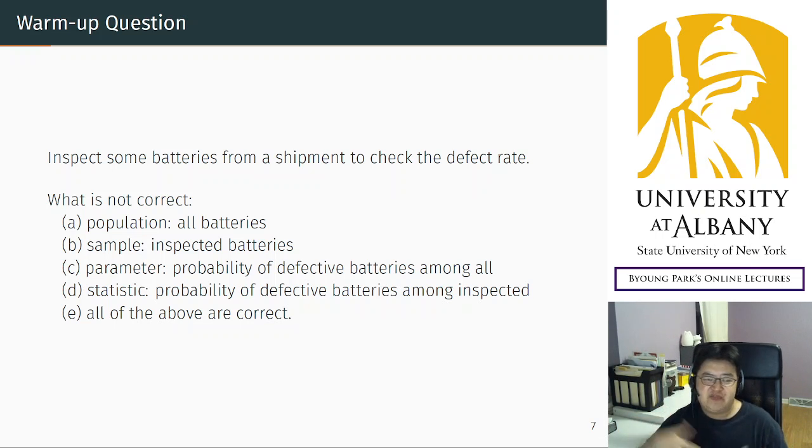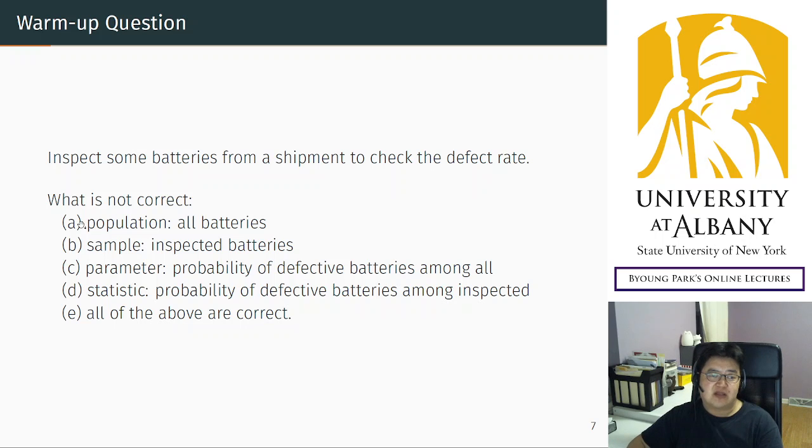When you receive them, you'd like to see if they are okay or not. So you inspect some randomly chosen batteries and see if they are fine or working or not. This inspection is another kind of statistical inference in some sense.